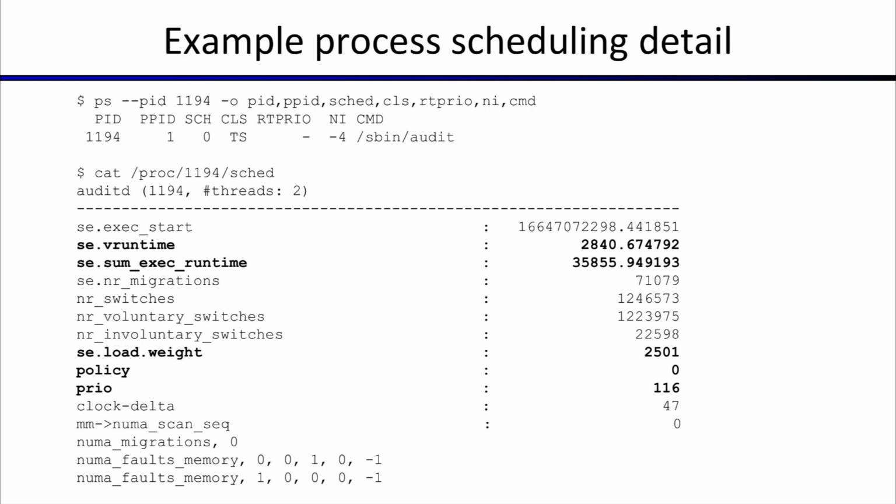The policy is 0, which is scheduling policy for normal processes. The prio number here is 116. So how do you convert -4 into 116? The way it gets converted is, now we know that the real-time priority was 0 or 1 to 99.